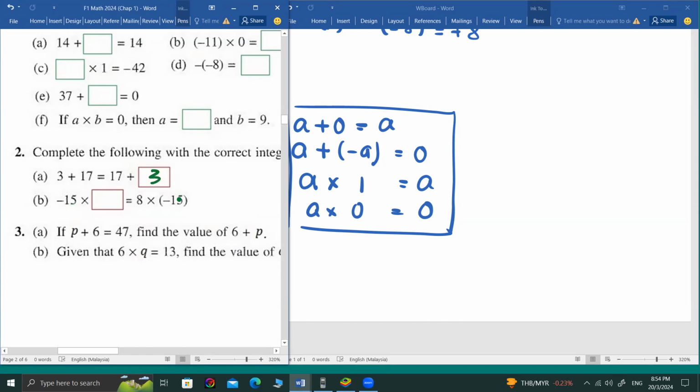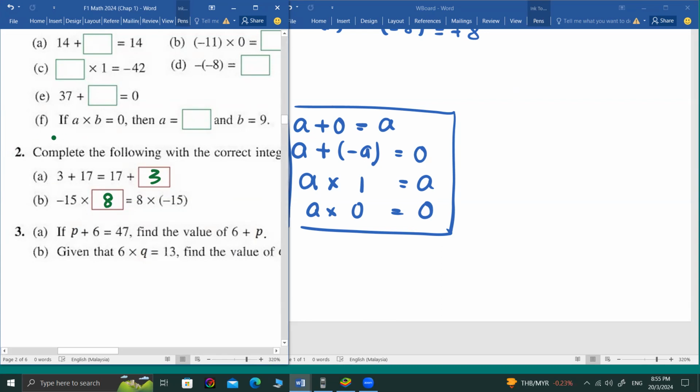See? 8 times negative 15, same as negative 15 times 8, yes. Okay? So, take note of this, the multiplication one. 注意 for 这个啦, just 换位罢了. So, this one we call it what, you know? This we call it commutative law.